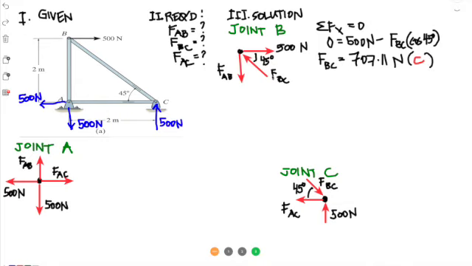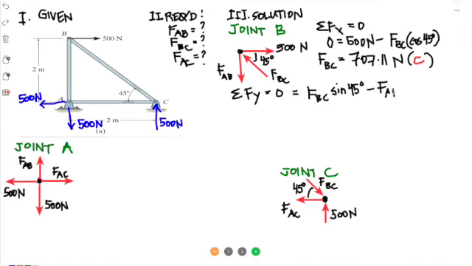Okay, we have another unknown, and that is FAB, which we can solve by doing a summation of forces. Let's do summation of forces in the y direction, that would be equal to 0. Going up is the component of FBC, which is opposite 45, that's sine. So FBC sine 45 degrees minus FAB, which is going down.